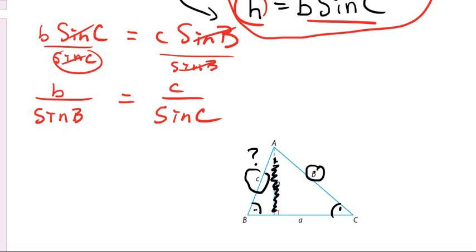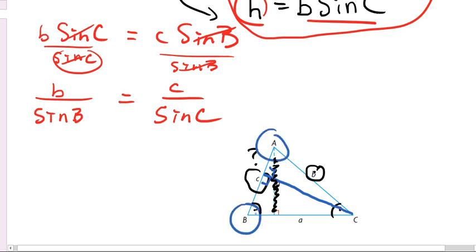Just to finish this off, if I drew this altitude somewhere else, from here all the way down to make a perpendicular, then we can connect A and B. Then it would be A over sine A equals B over sine B.